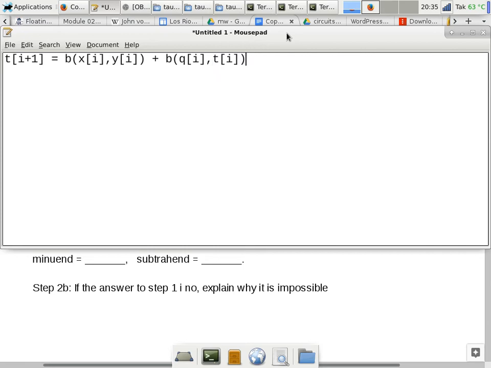Okay, is that okay? And then the second question is, what is the sign bit? The sign bit is really just d[i]. In other words, it is the most significant bit of the difference, of the result of the subtraction. That in return is basically the xor of q[i] and t[i], and then q itself is the exclusive OR between the x and the y.